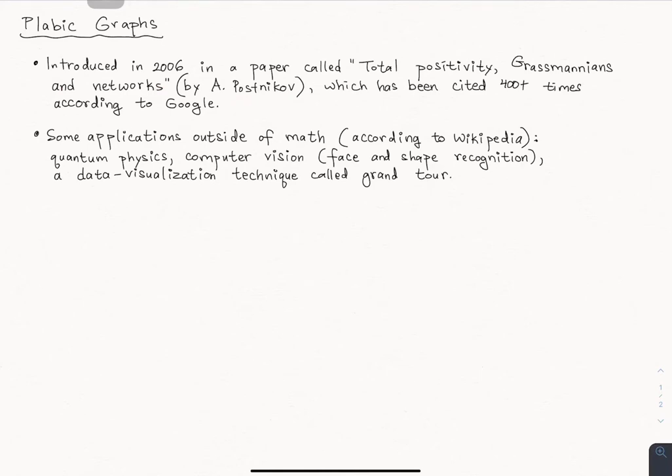This paper has been cited over 400 times according to Google. Some applications outside of math, according to Wikipedia, would be in quantum physics, computer vision and face and shape recognition, and a data visualization technique called Grand Tour.